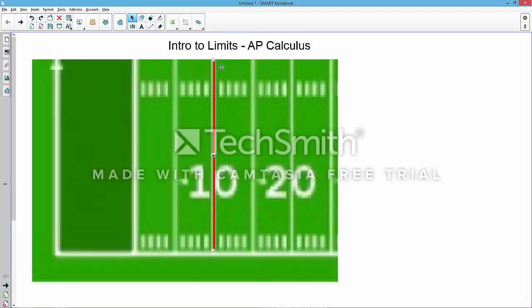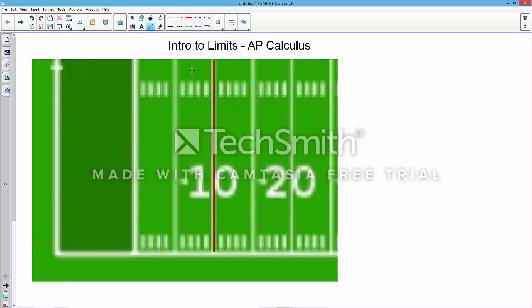And everybody knows in football, when you get an offside penalty on defense and you're within 10 yards, it's going to be half the distance of the goal line. And we're going to pretend that this defense is really bad and that they keep getting offside penalties over and over again. In fact, we're going to do it an infinite amount of times, or at least discuss that. And we're going to talk about what the football players might say and how that relates to limits.